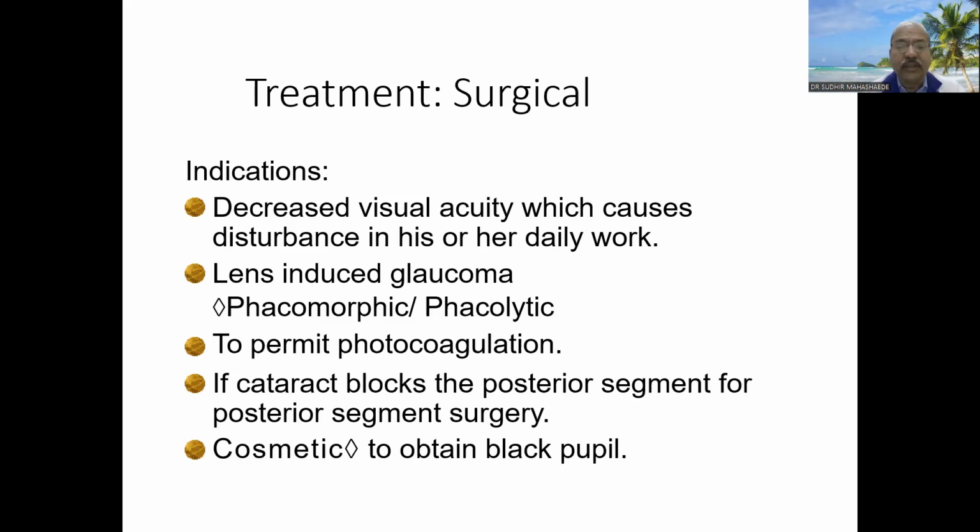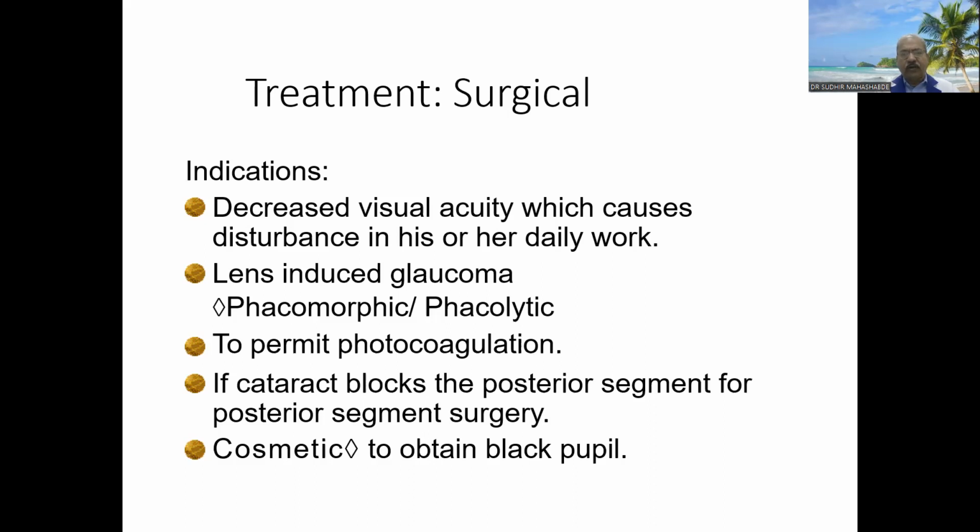Sometimes the cataract will lead to what is called lens induced glaucoma. There are two mechanisms. Glaucoma is a disease where the intraocular pressure increases, which affects the optic nerve and reduces the vision permanently.